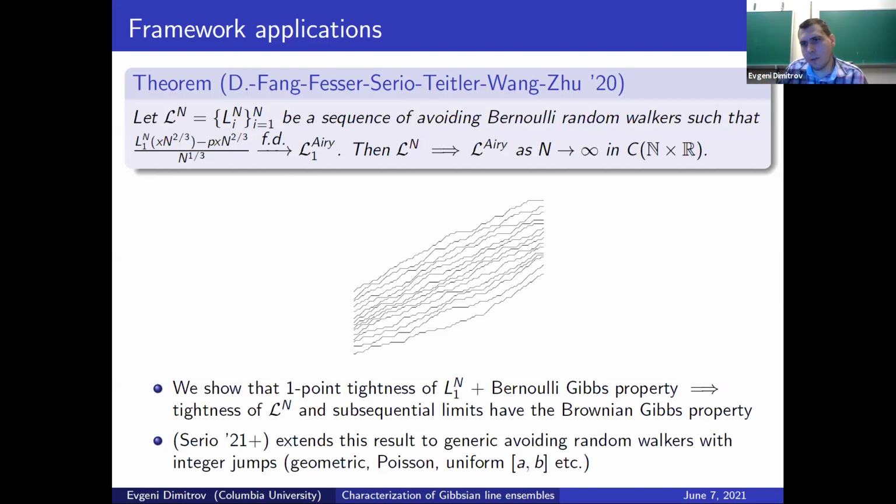So for example, what he can definitely handle are things like geometric jumps or Poisson jumps or uniform on some integer interval jumps. So one can generalize the results of this theorem to more general jumps as well.